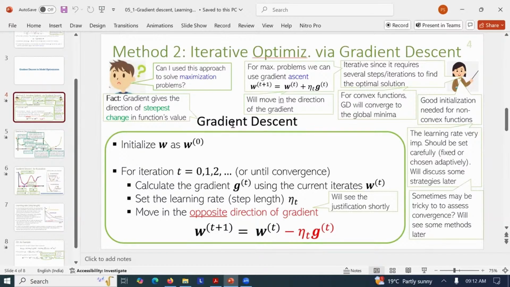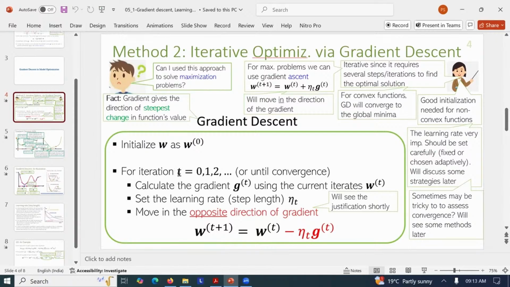So in gradient descent, we are having two types of parameters. One category is called the model parameters. Model parameters are the unknown parameters that we are estimating here. So the unknown parameter is this W vector, or this theta. Eta t is also a parameter.